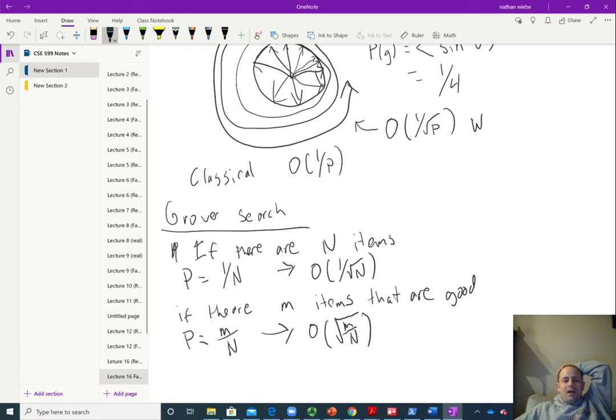With the remaining part of the lecture, what I'd like to do is go through a proof sketch of how the optimality arguments for this can be laid out using a technique known as the polynomial method.